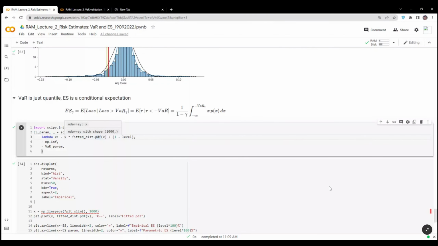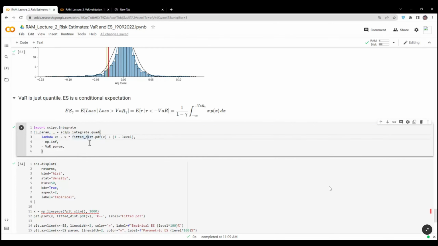Well, x is the random variable, which in our case represents losses, profit and loss, so it's our returns. And we also have to reweight the probability density function by the probability mass concentrated in the tail of the distribution over which we integrate in order to find the conditional expectation. Okay, so that's realized in this formula, in this code.